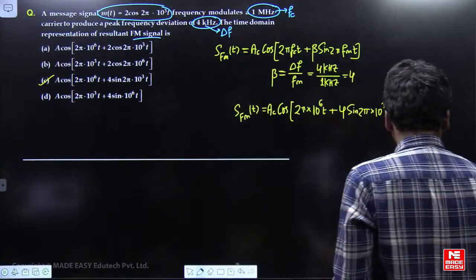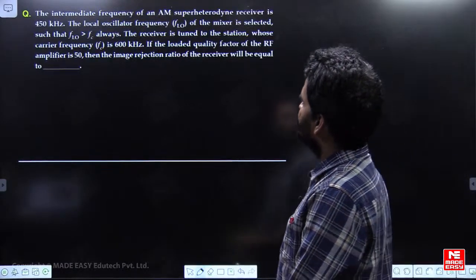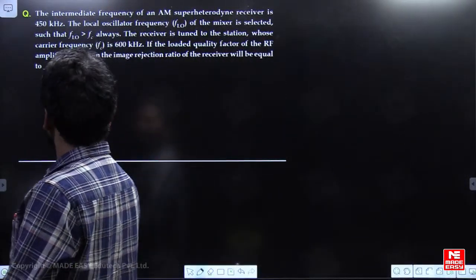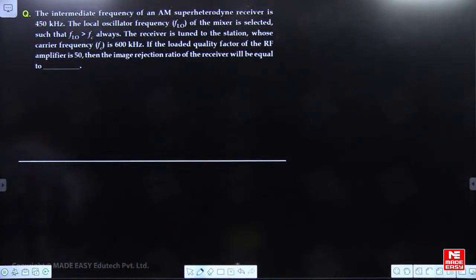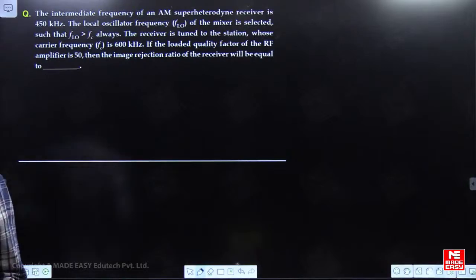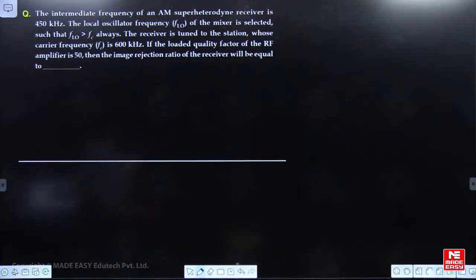If you see the next question, this is about superheterodyne receivers.